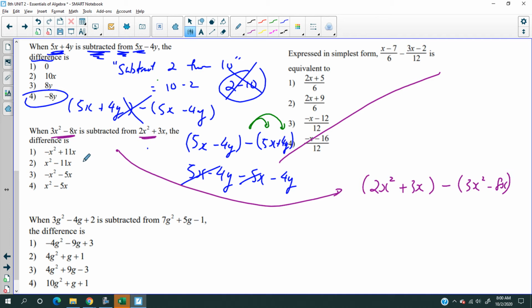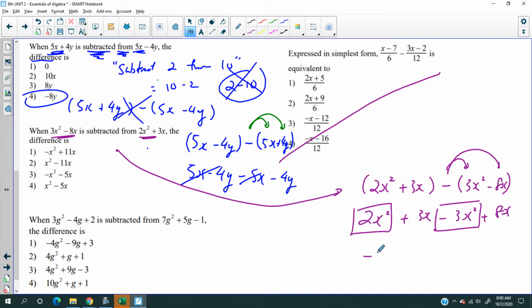Okay, see that? So we distribute. So that's 2x squared plus 3x minus 3x squared plus 8x. Combine like terms. 2x squared minus 3x squared, so that's negative x squared, 3x plus 8x is 11x. Okay, let's see, negative x squared.